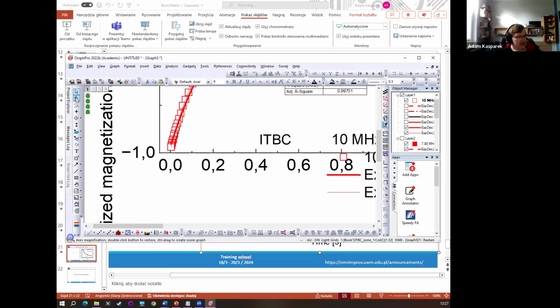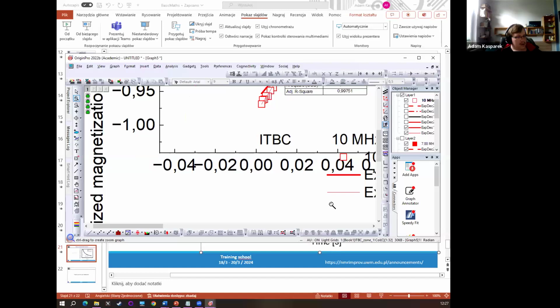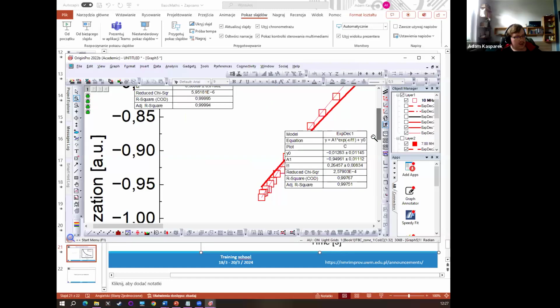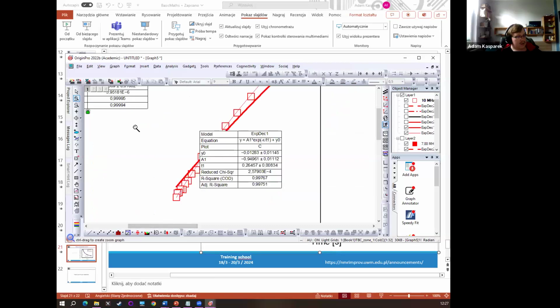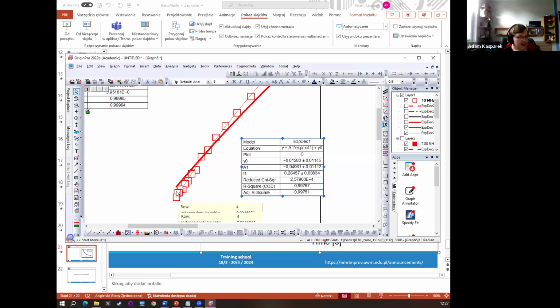If we go one more time here, it also shows that results are much more in line with our model being exponential. Well, maybe not perfectly, but very, very good with experimental results.